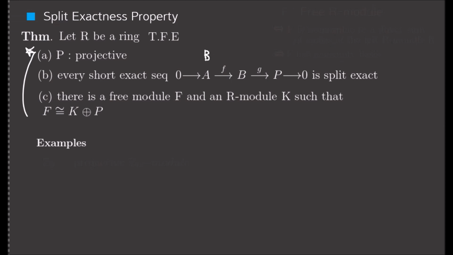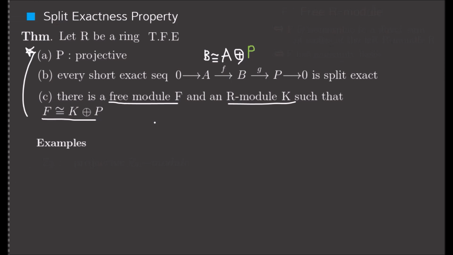This means that if P is projective, it is expressed as A direct sum P. And statement C, there is a free module F and an R-module K such that F is isomorphic to K direct sum P. If P is really a projective module, we can find a free module F and an R-module K such that they express this.